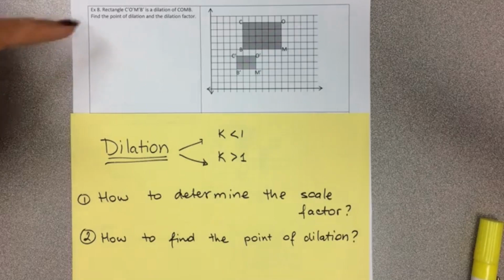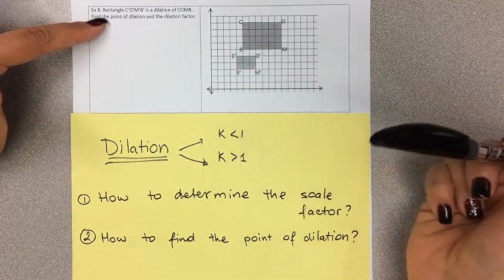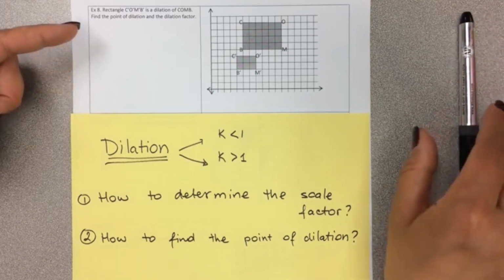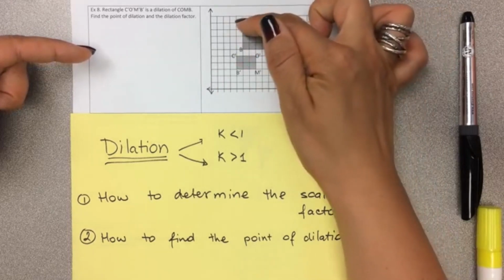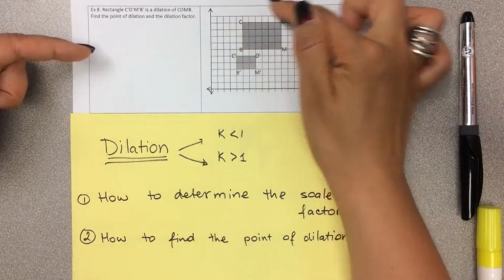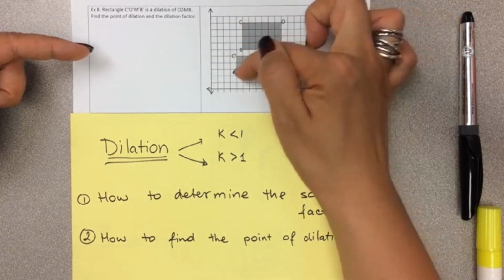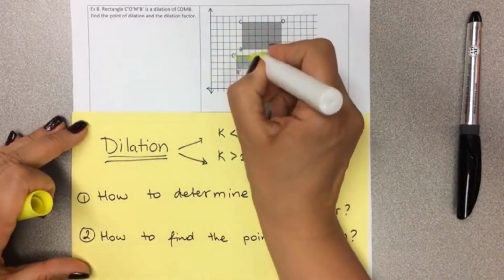First thing, we have to determine in our dilation which one is the pre-image and which one is the image. So I have two rectangles, and what the labels tell us is that COMB is the original shape and the prime is after. That means that the image is smaller.